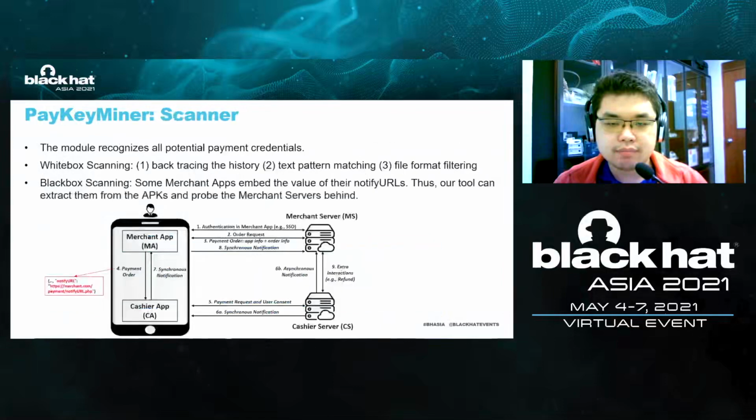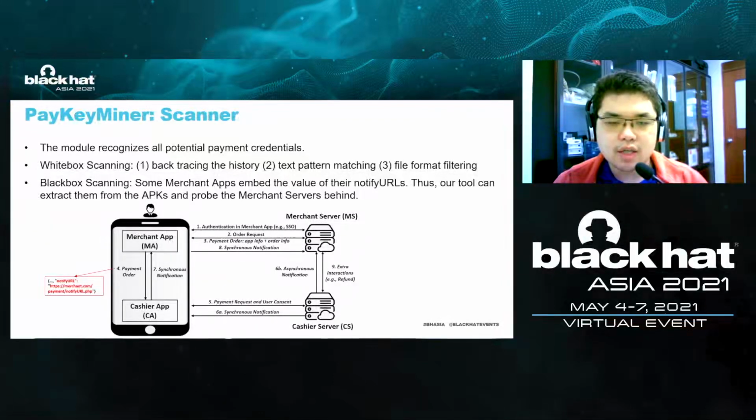The second module in PayKeyMiner is called scanner, which recognizes all potential payment credentials from the crawler output for a given Git repository or Android APK. The tool will perform white-box scanning because we can check their code directly.